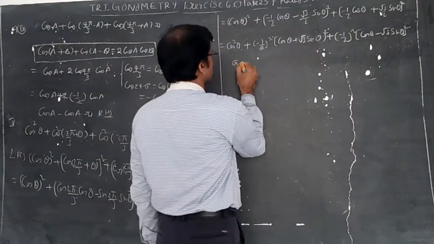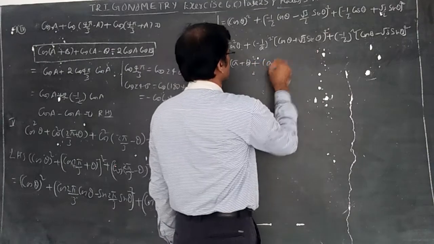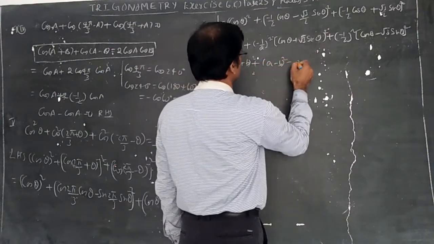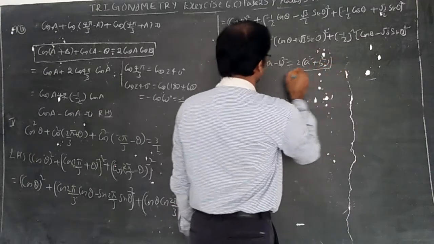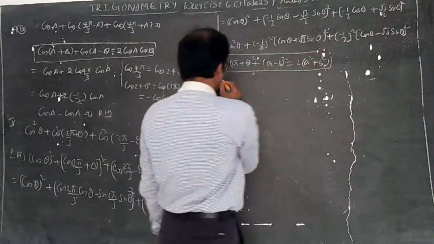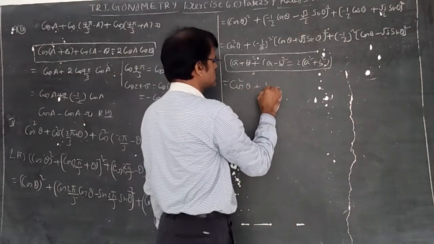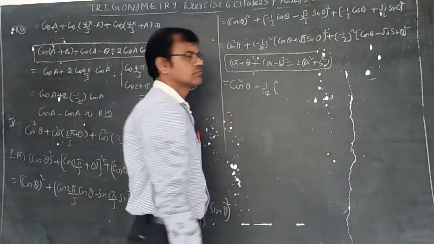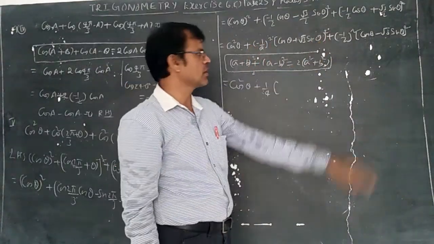Let us remember the formula: a plus b whole square plus a minus b whole square is equal to 2 into a square plus b square. That is equal to cos square theta plus 1 by 4, since minus 1 by 2 whole square becomes 1 by 4, taken common here and here also.